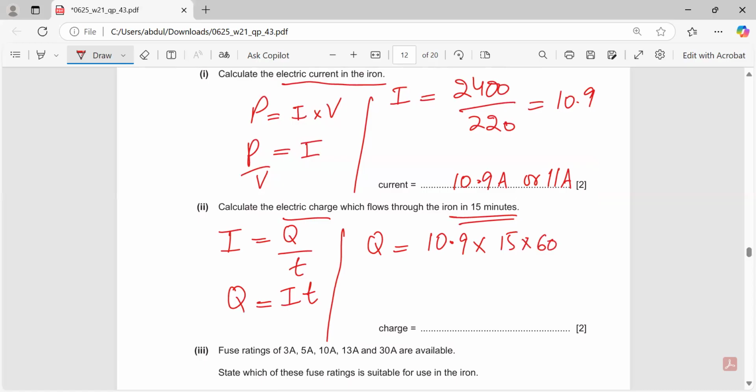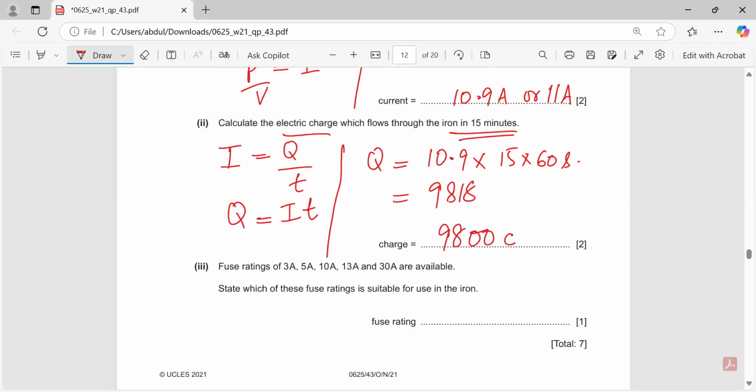But don't forget to convert these minutes into seconds. Times 15 times 60, that is 9818. So we can round it off to 9800 coulomb, because the unit of charge is coulomb.